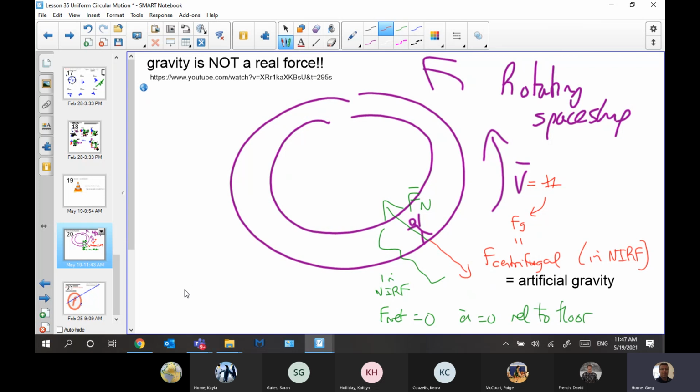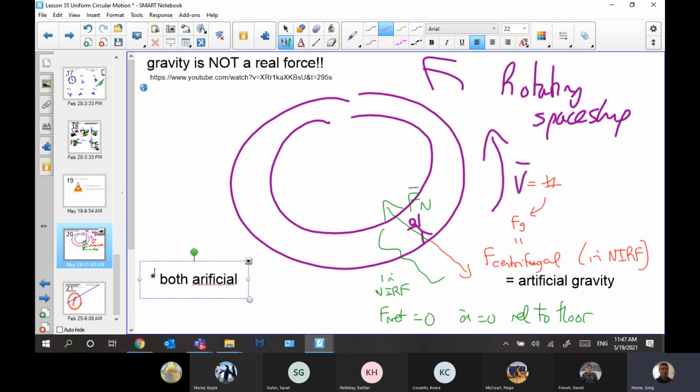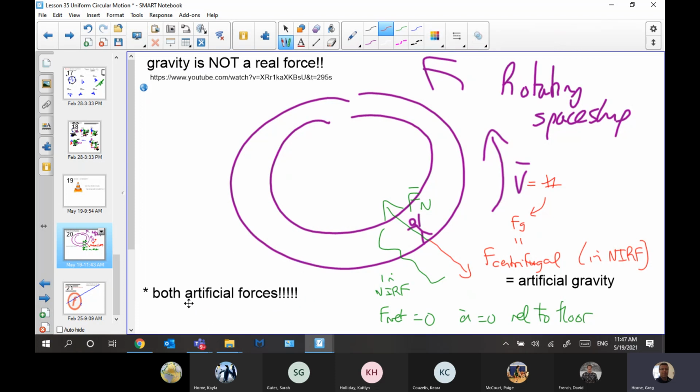But they're actually both artificial forces, really. Certainly this one's easy to understand as artificial gravity, because it's an apparent gravity. It feels like gravity, but there's no mass that you're attracted to. It's just because of the rotational motion. And that's how they make spaceships have artificial gravity.